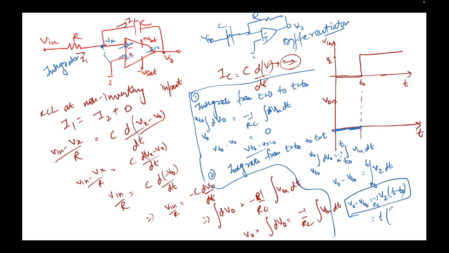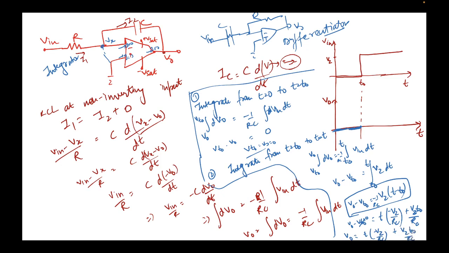The coefficient of t would be minus vz upon RC, plus this would be vz t0 by RC. This is v0 minus vt0. Vt0 we assume to be 0, so the expression comes out to be v0 equals t times minus vz upon RC plus vz t0 upon RC.